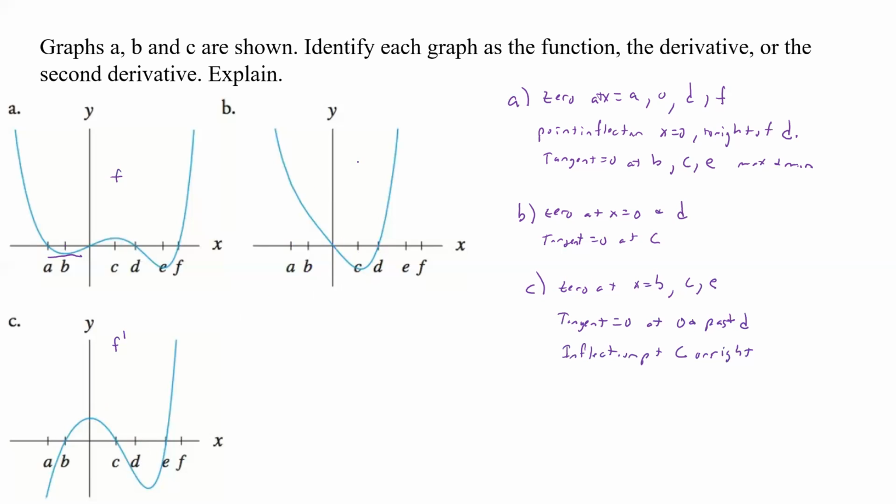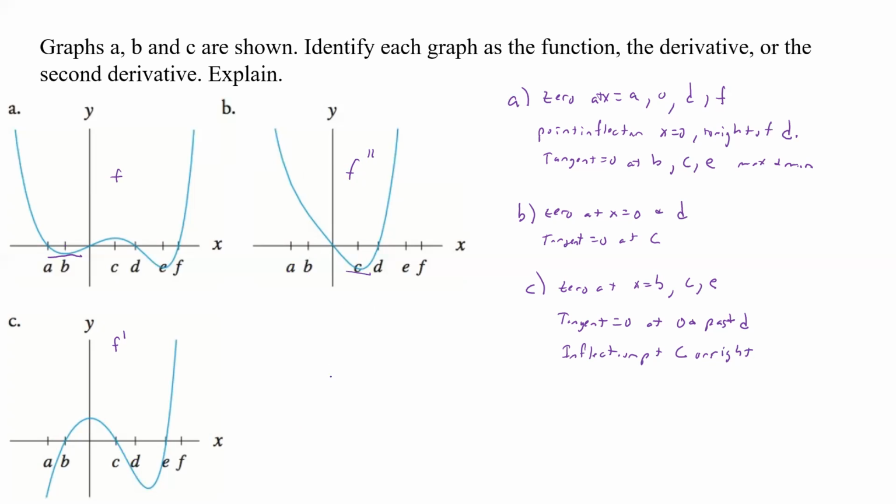So maybe this could then be f double prime, or the second derivative. If we do that one, from here, that's going to give us a 0. That will give us a 0. Here we should have a max around C, or min, I guess, since we're going down. So that would be there. So that works.